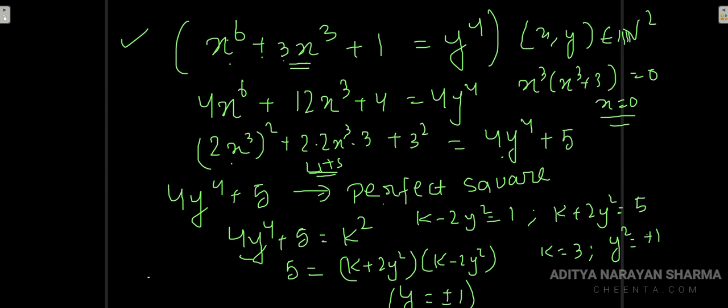So the solutions are only (0, 1) and (0, minus 1). Whenever you have x and y as natural numbers, this is violated, because x equals 0 is necessary for this to have a solution, which we are not getting here. This 0 violates the condition of natural numbers. That means it has no solutions in natural numbers.